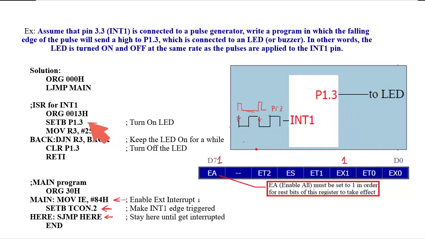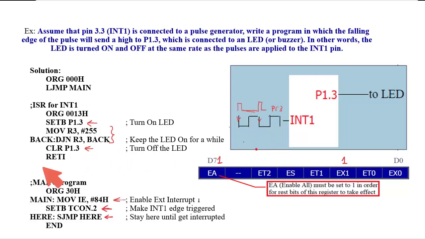So the LED is glowing. After a certain time, we will make the LED off. So what will we use? We will use a delay function. Like the previous example, this is the delay function. After that delay, we will make the LED off. So we are using CLR P1.3.